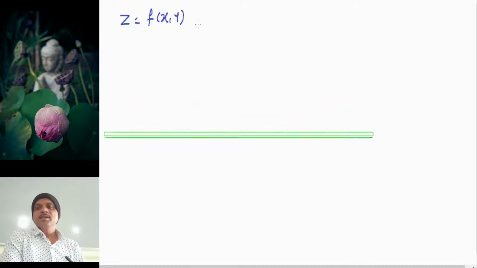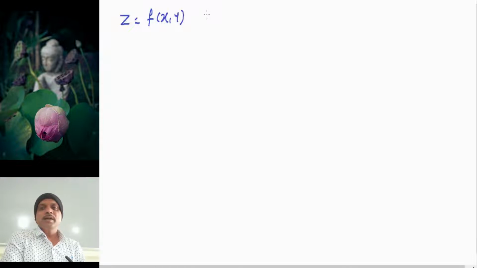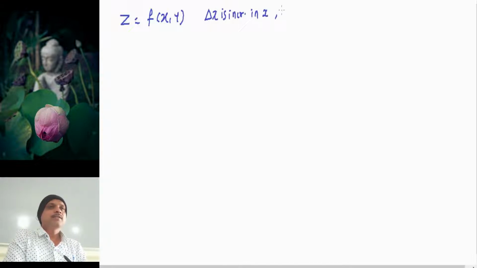Whenever there is a change in x and a change in y, then there will be a change in z. So suppose that delta x is the increment in x, delta y is the increment in y, and delta z is the increment in z.